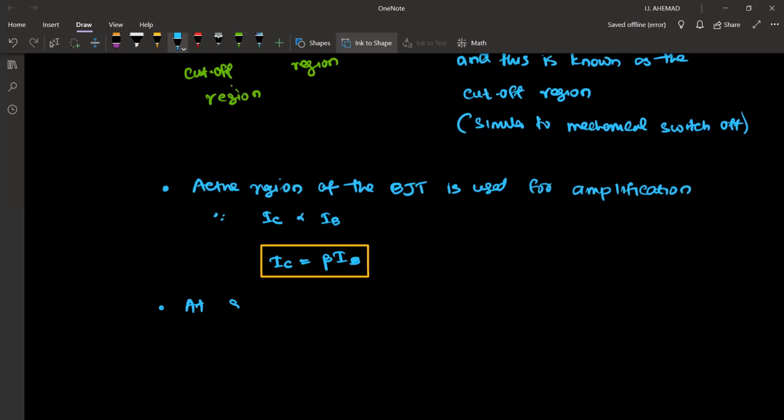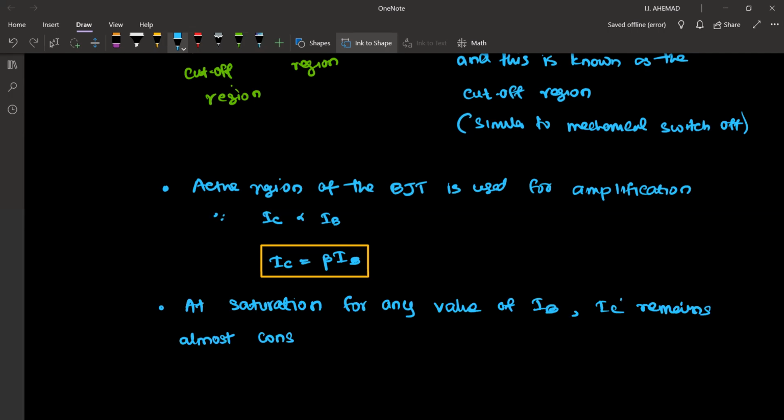At saturation, for any value of IB, IC remains almost constant.